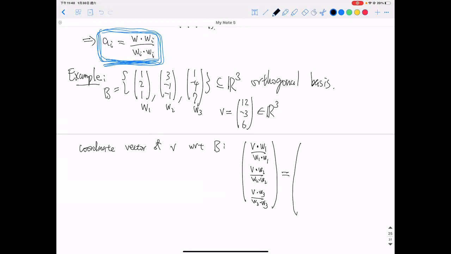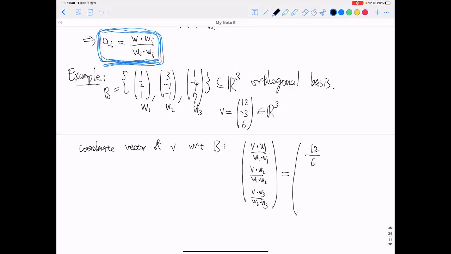Then we can be more explicit about what this answer is. You'll just take a moment. So it's 12 minus 6 plus 6, so 12.